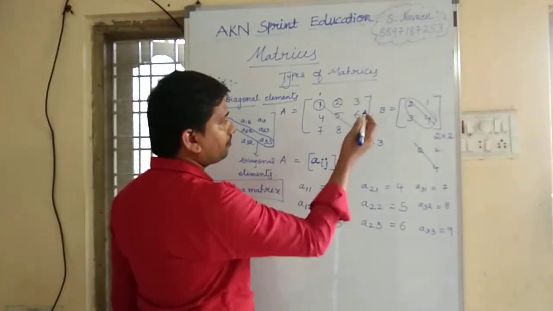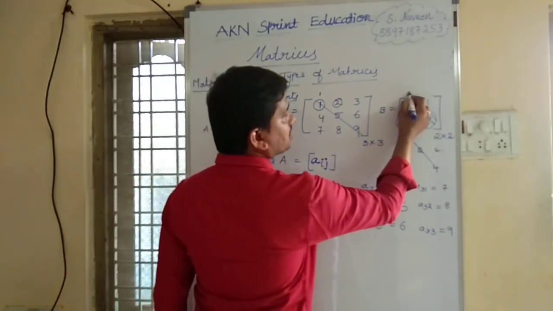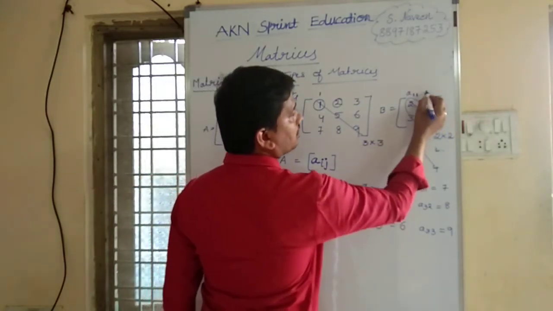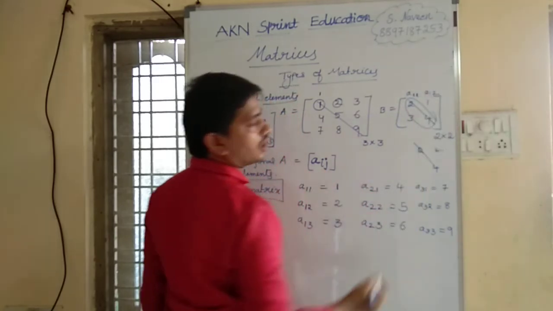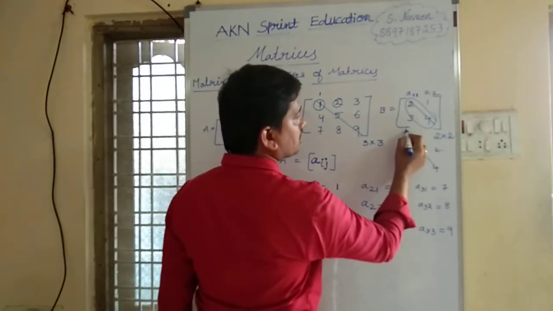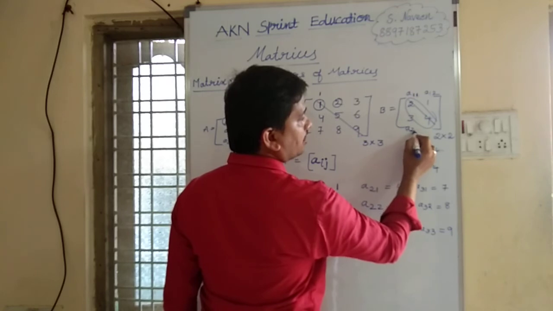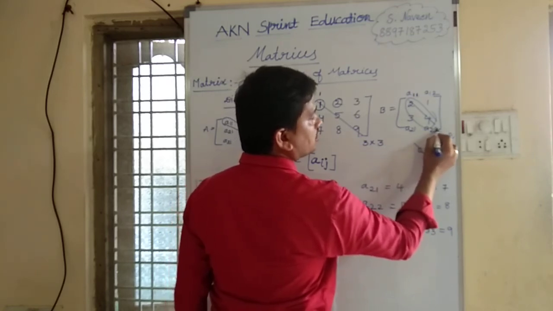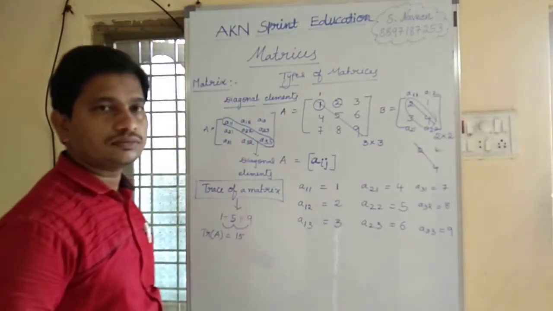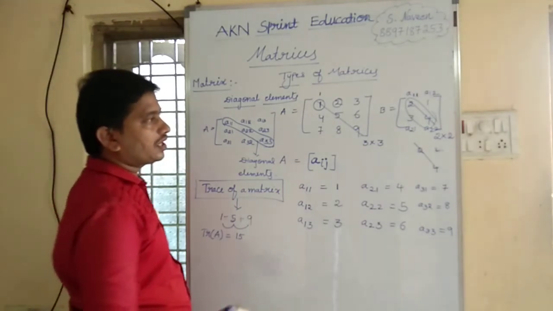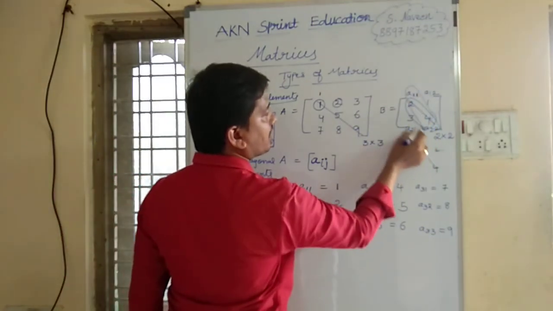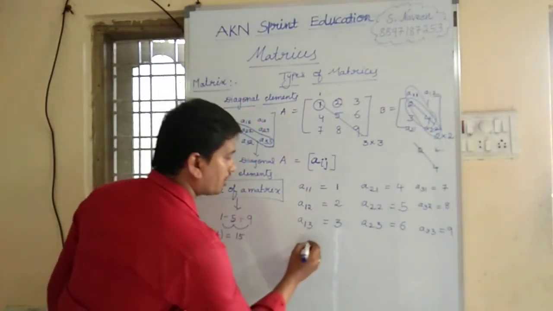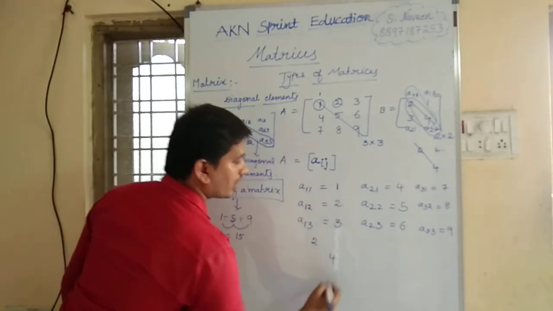In compact form, matrix B can be represented as first row, first column; first row, second column; second row, first column; second row, second column. So the principal diagonal elements are A11 and A22, which are 2 and 4, right?